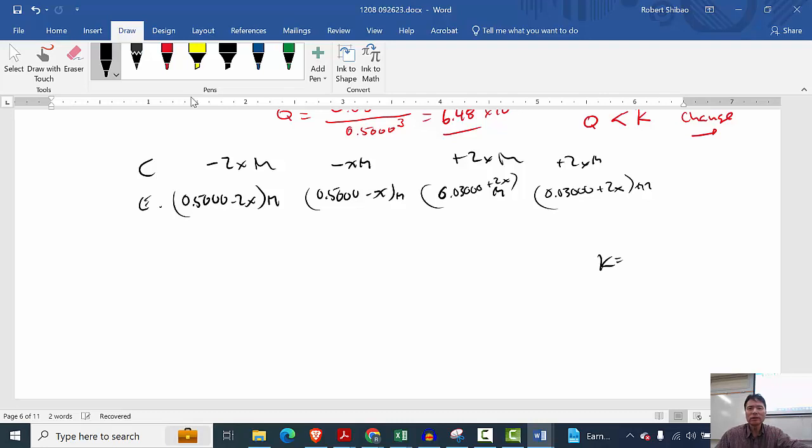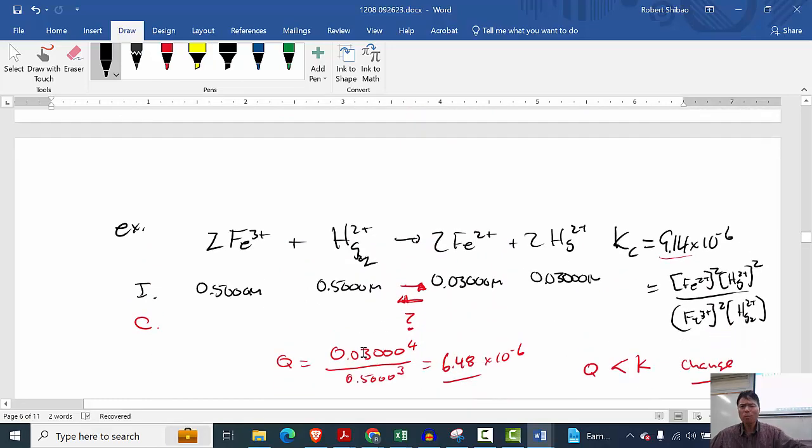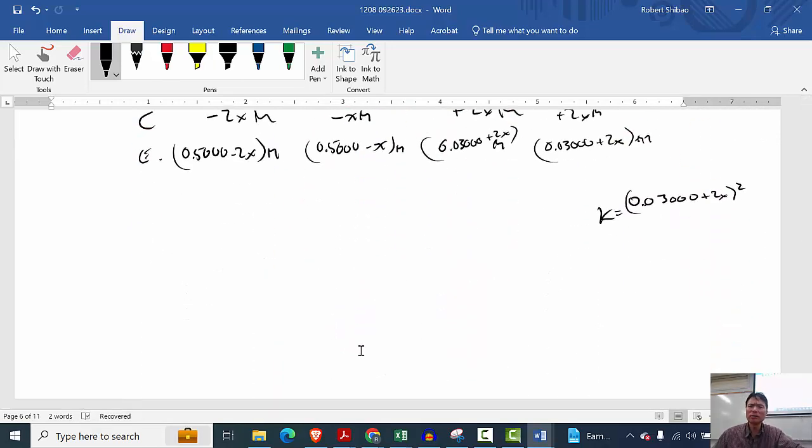And then plug this into the K expression. On the top I'm going to get 0.03 thousand plus 2x, and I'm going to raise this whole thing to the fourth power, divided by 0.5 thousand minus 2x squared and 0.5 thousand minus x.